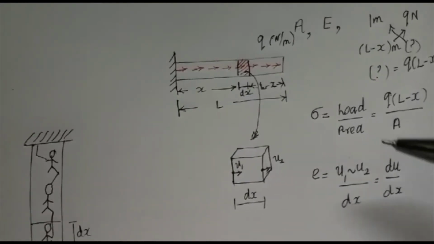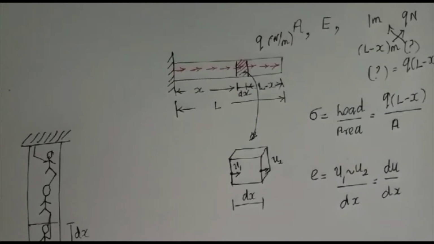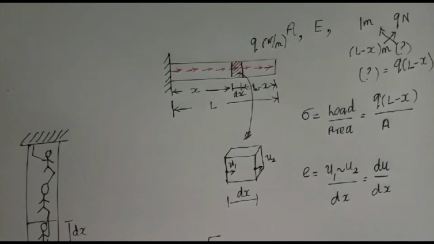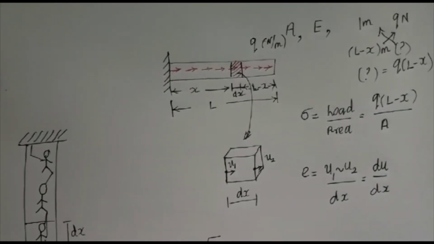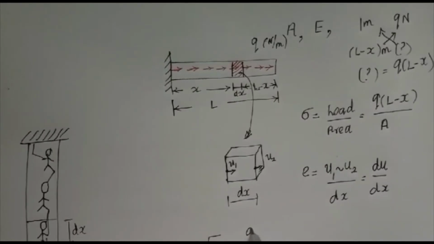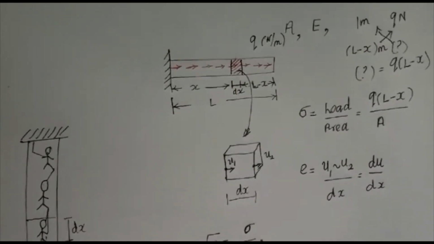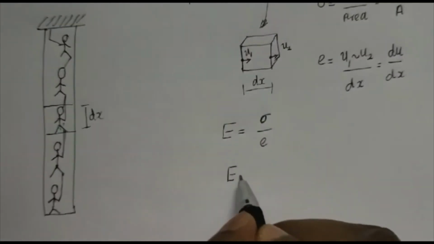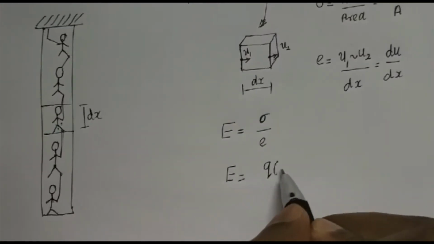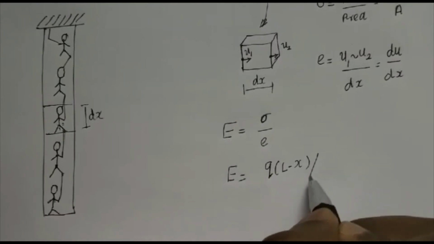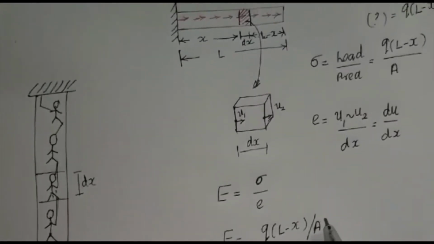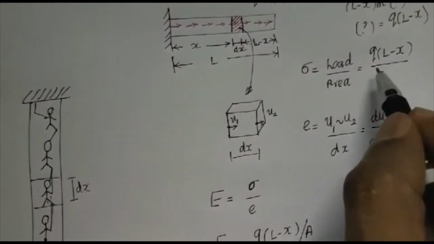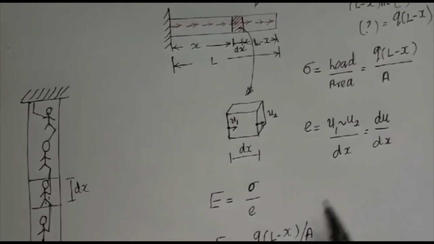Having defined the stress on the small portion and the strain on the small portion, I can define something called Young's modulus. What is Young's modulus? It is stress divided by strain. So Young's modulus is, stress is q into L minus x divided by A. I got that value from here. We have got the value of stress. Strain is du by dx.